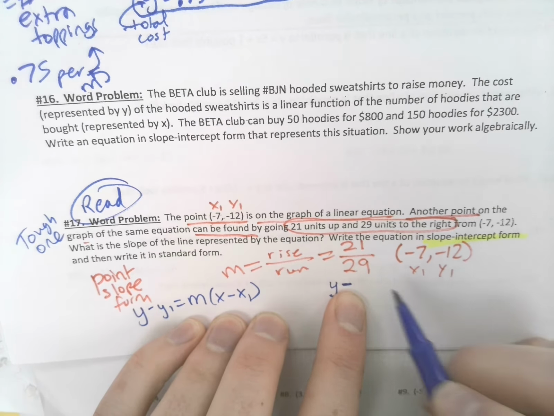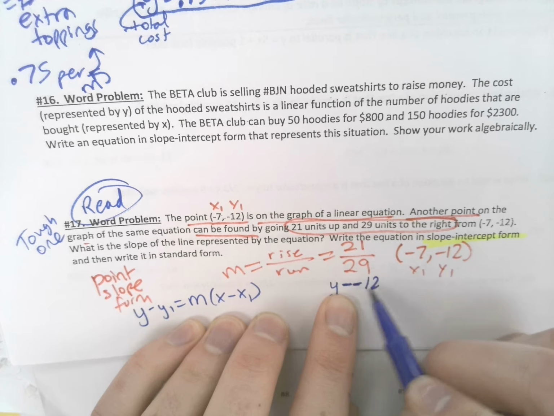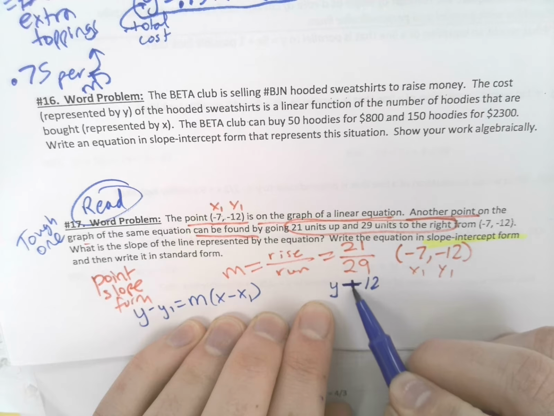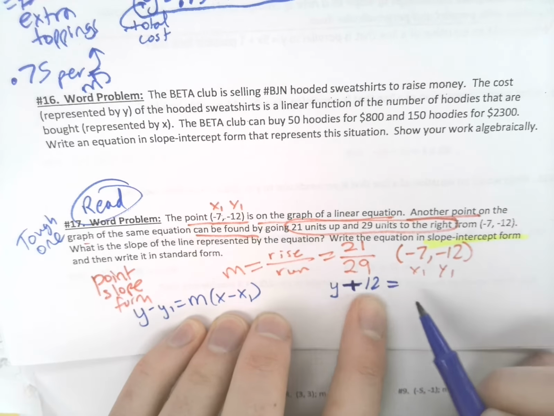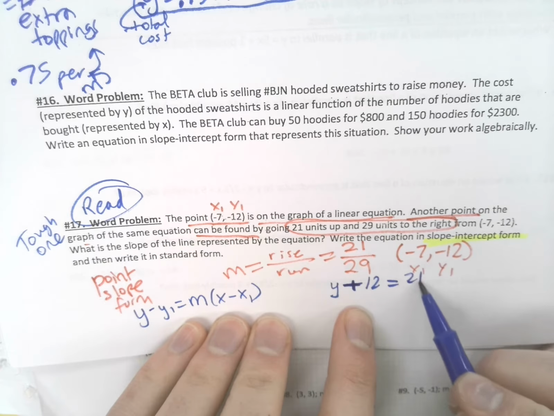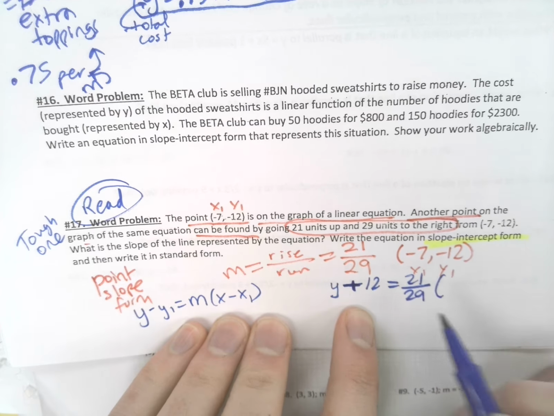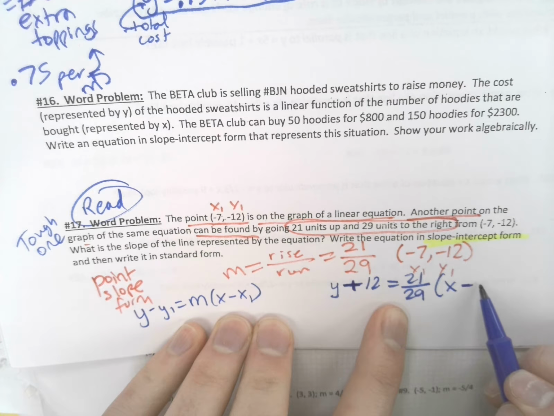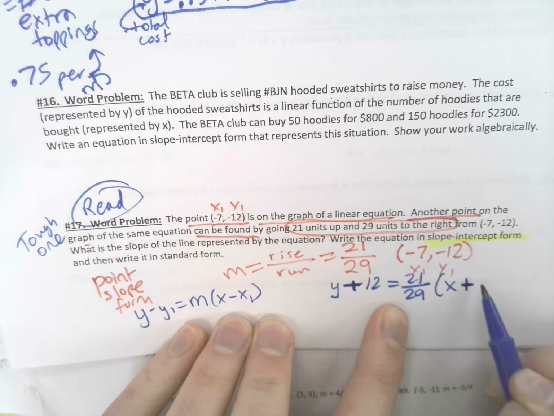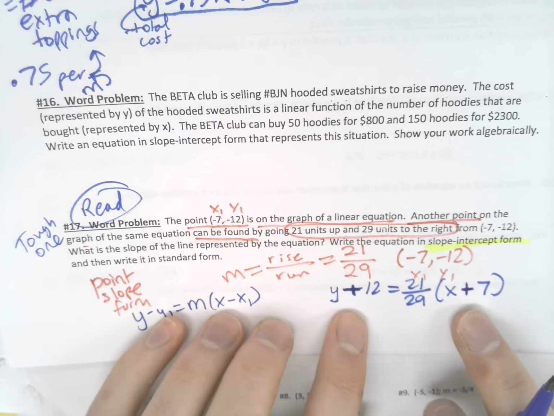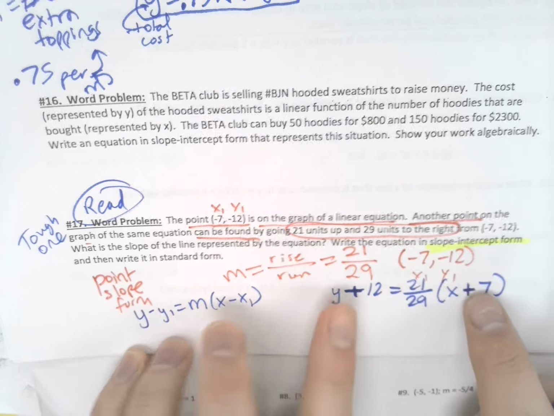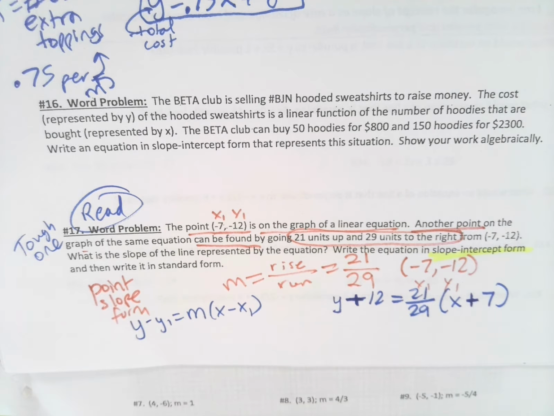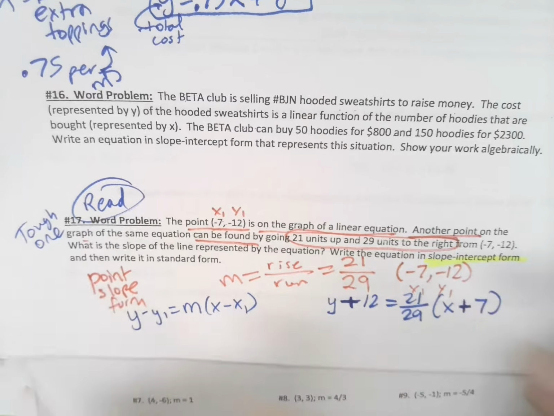Ooh, y1's negative 12. So that really becomes plus 12 equals our slope, 21 over 29 times x minus, x1's negative 7. We know that's going to turn into a plus 7. Minus a negative turns that into a plus. Okay, so we have point slope form.